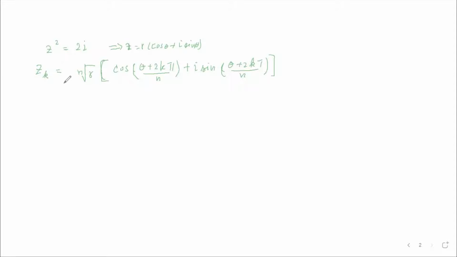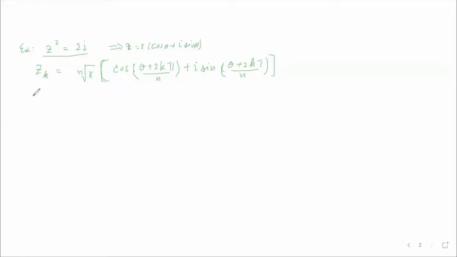Okay, so we go back to this example, the old one here. Find the square root of 2i. That means z square equals 2i. How to use the formula?